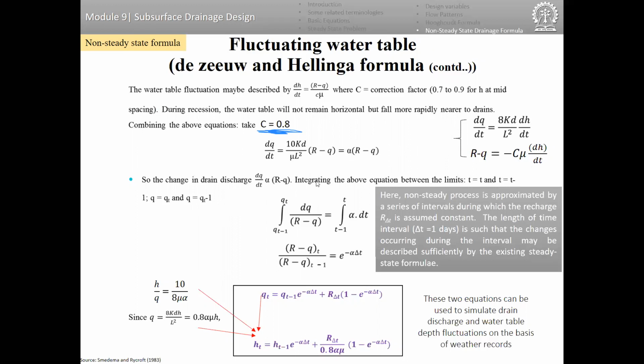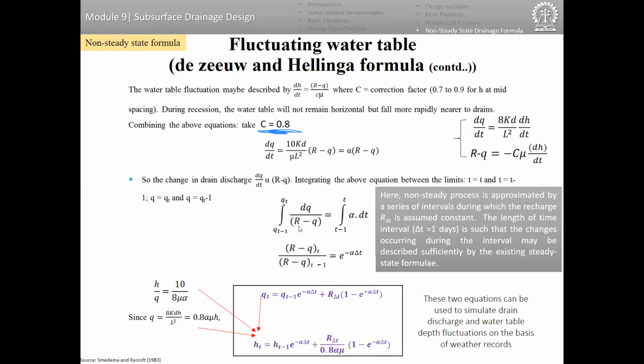Now if you put the limits of time t equal to t and t minus 1, with the corresponding discharge at time t being qt, and at time t minus 1 being qt minus 1, then you put dq upon R minus Q from qt minus 1 to qt, which is the discharge of previous day to present day, equal to the integration of alpha dt from previous day to present day.